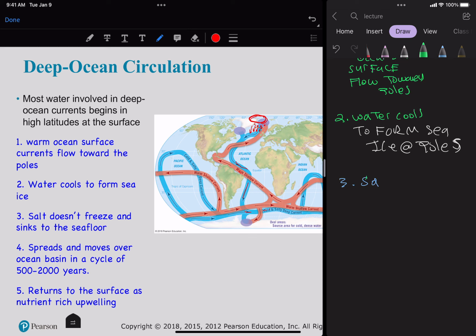So the salt does not freeze, and because of that, it's heavier and it sinks to the bottom of the ocean, to the bottom of the seafloor.